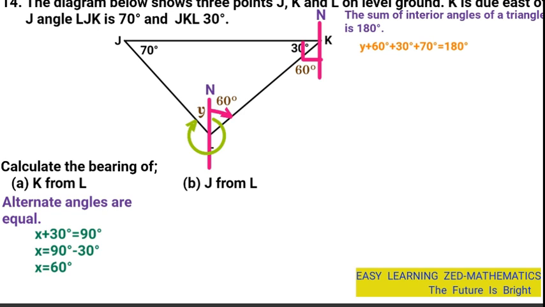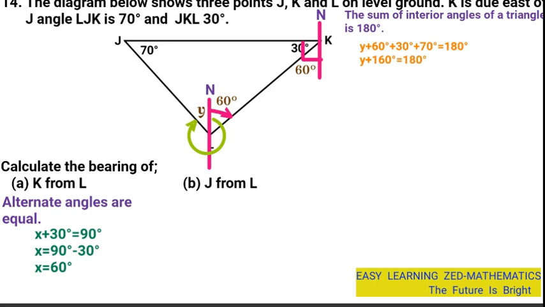Then we find the sum of 60, 30, and 70. 60 plus 30 gives us 90, and 90 plus 70 gives us 160 degrees. So y plus 160 degrees is equal to 180 degrees.